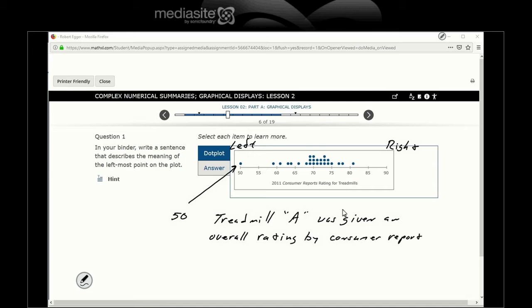I should have capitals there. That's one possible answer. It was also the answer given by the book.